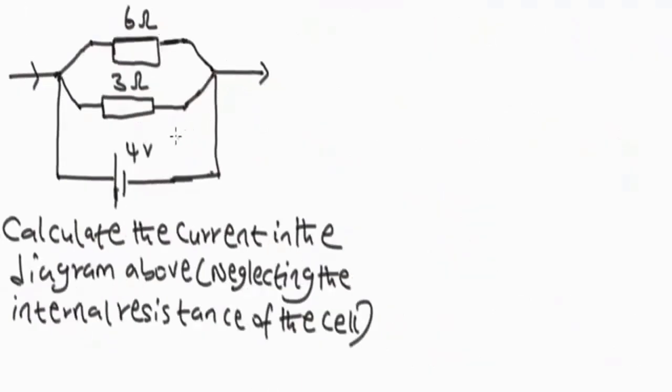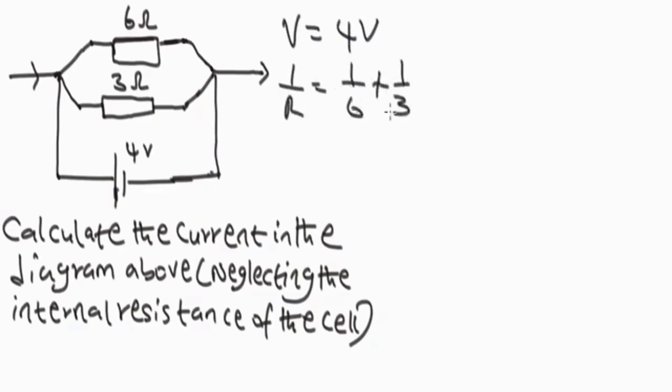Okay, so let's look at this problem. It says calculate the current in the diagram above, neglecting the internal resistance of the cell. Alright, so in this problem we have the voltage to be 4 volts. We have the resistances in parallel, so the total resistance will be 1 over R equals 1 over 6 plus 1 over 3.